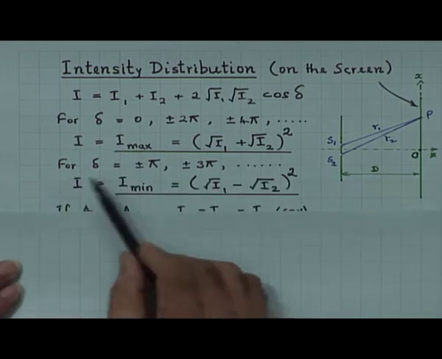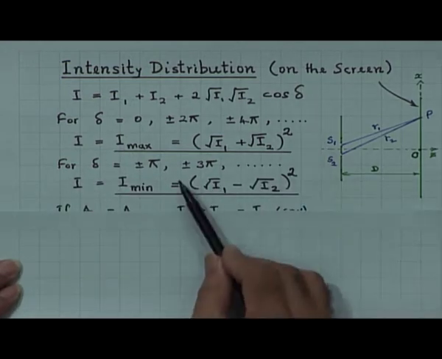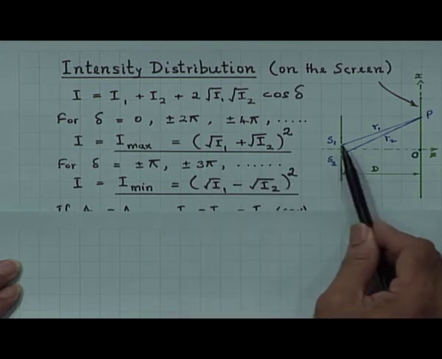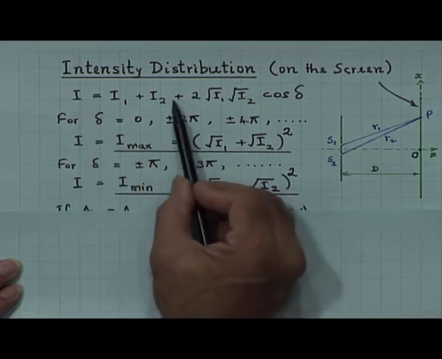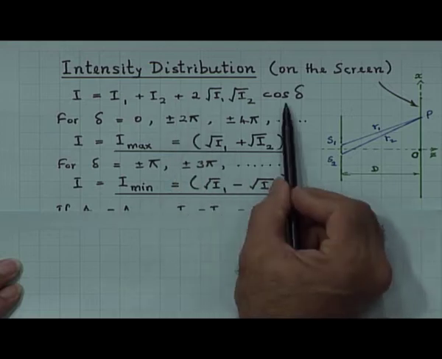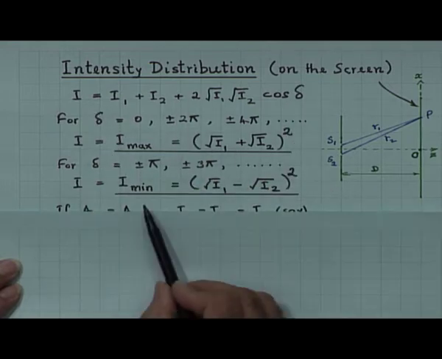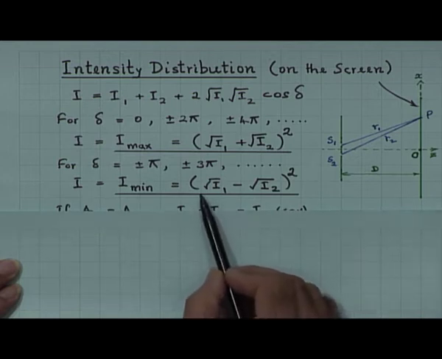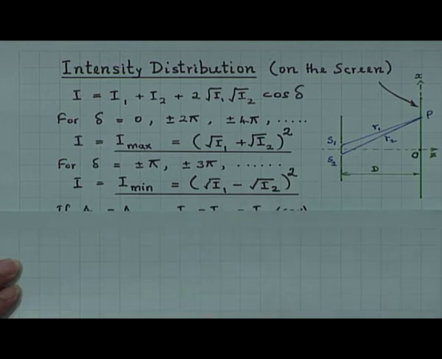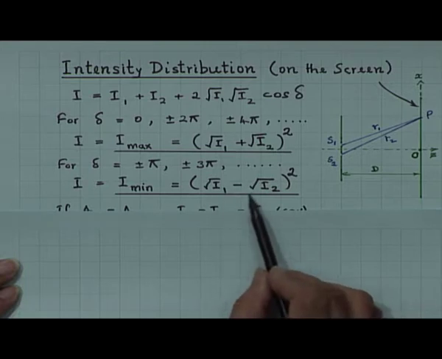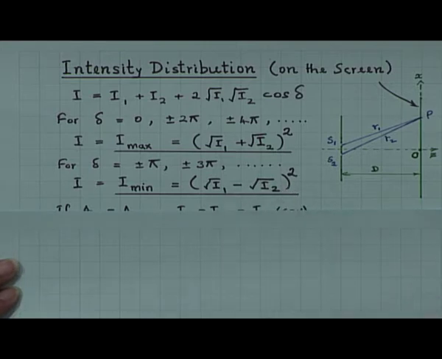And for delta equal to plus minus pi, plus minus 3 pi and so on, we get a negative sign here, cos delta being minus 1, and therefore I will be equal to the minimum, which is square root of I1 minus square root of I2, the whole square.